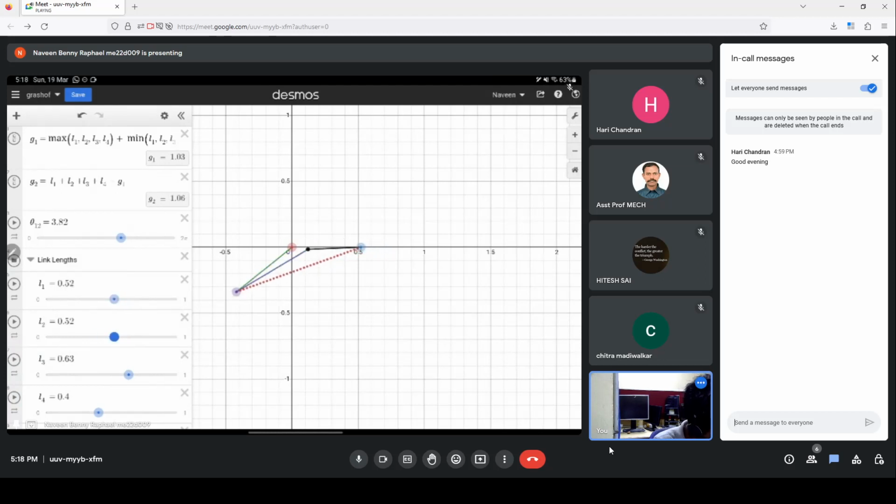L2 should be... So here, this is definitely a rocker, right? The thing is, there are always two orientations possible for a rocker.